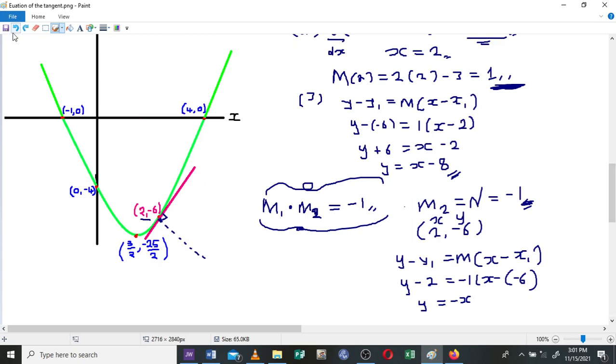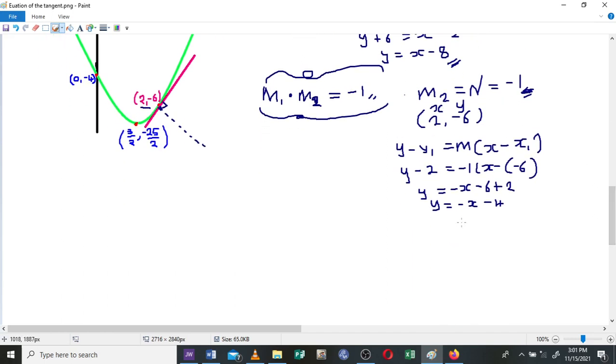Just a moment. So you have -x, -6, and then plus 2. Just confirm this is true. So you're going to have y is equal to -x minus 4.